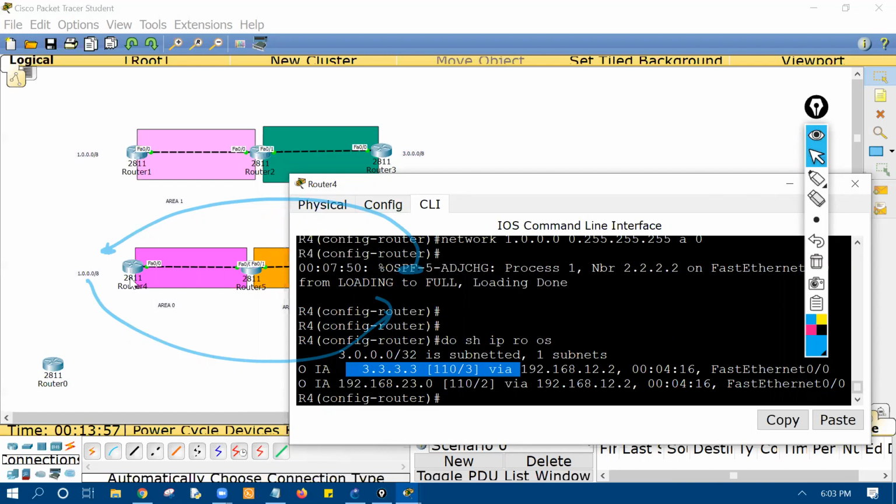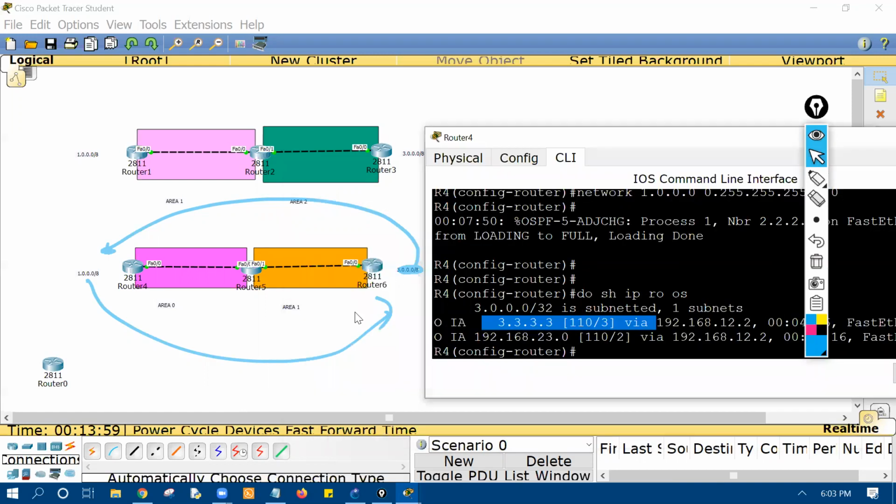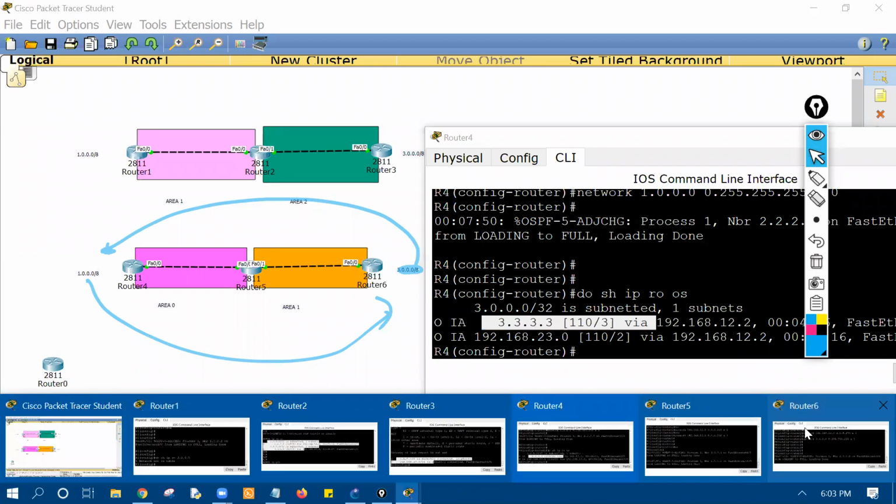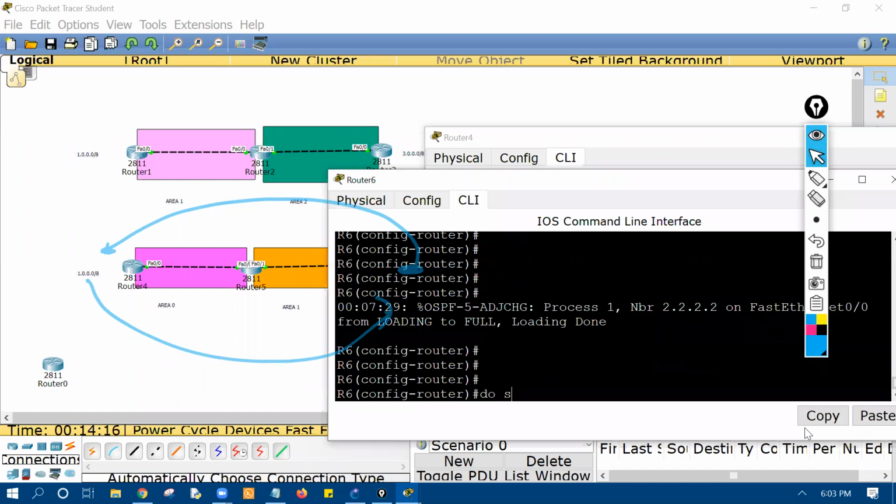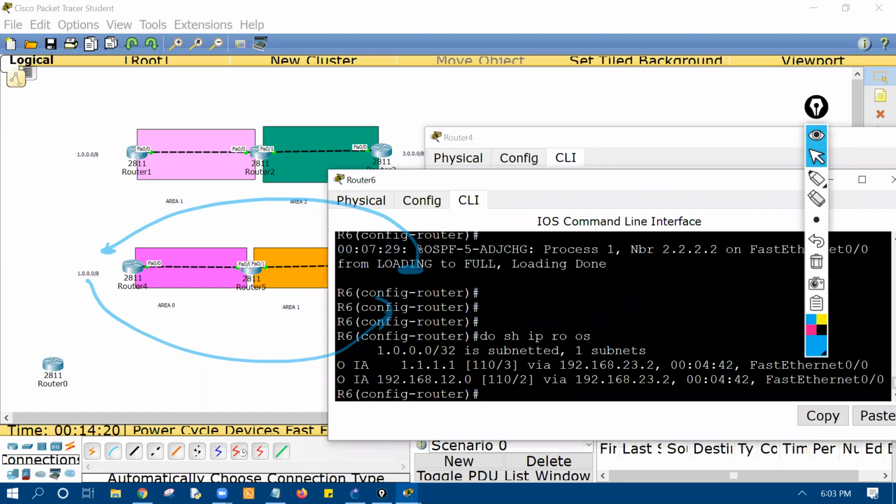On R4, I have information about this network. And if you go on R6 router, even R6 has the information about it, and I can send the traffic to this person.